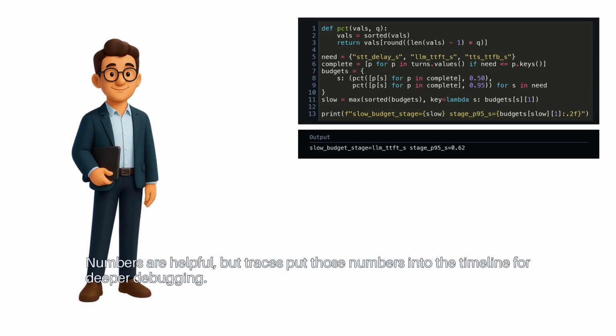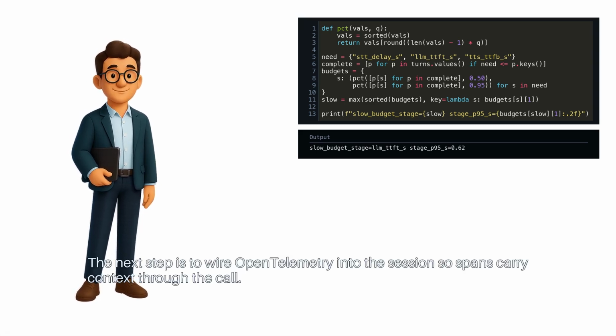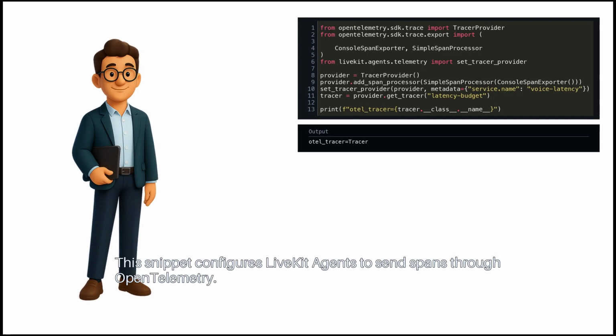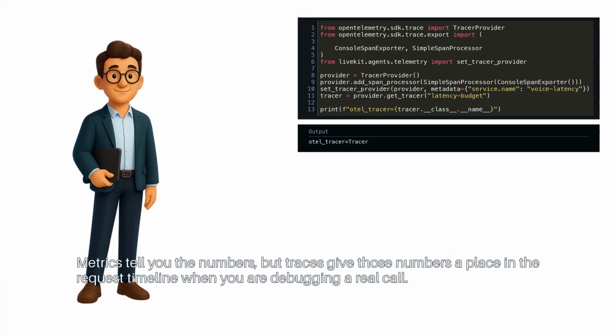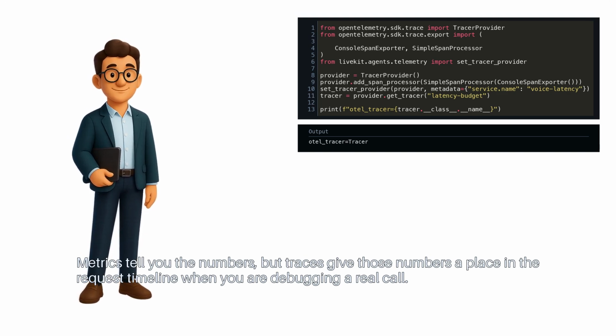Numbers are helpful, but traces put those numbers into the timeline for deeper debugging. The next step is to wire OpenTelemetry into the session so spans carry context through the call. This snippet configures LiveKit agents to send spans through OpenTelemetry. Metrics tell you the numbers, but traces give those numbers a place in the request timeline when you are debugging a real call.